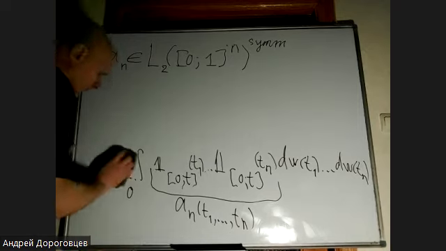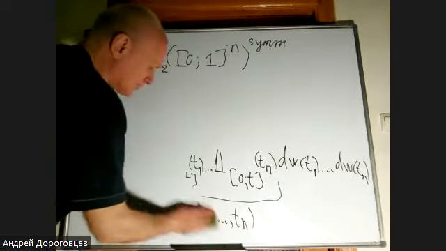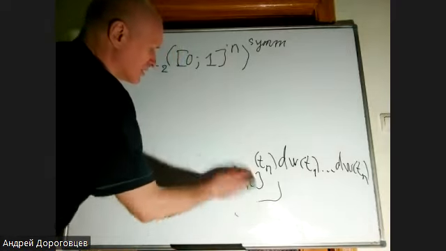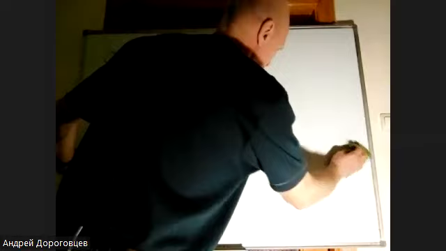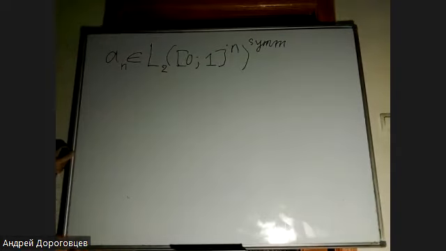Then one can try to consider the same kind of multi-stochastic integral with respect to the Wiener process.